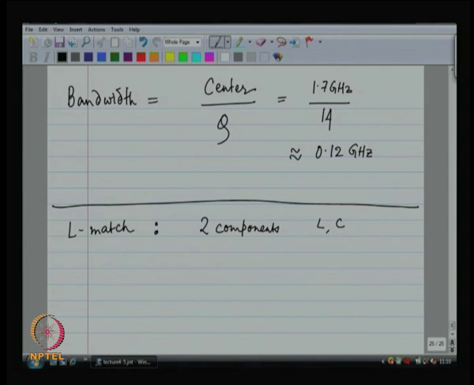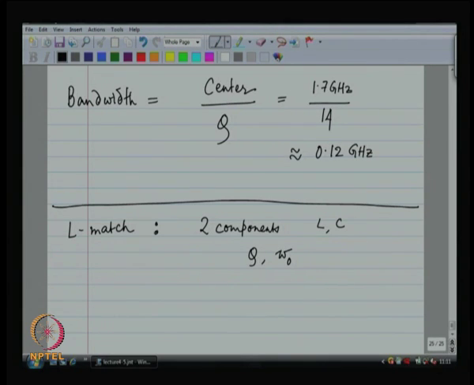You have some design equations and there are 2 unknowns. So, you can at max accommodate 2 equations, because if you have more than 2 equations you need a third unknown. Okay. So, what are the 2 equations related to? The first design equation is related to Q, and the second design equation is related to the center frequency.